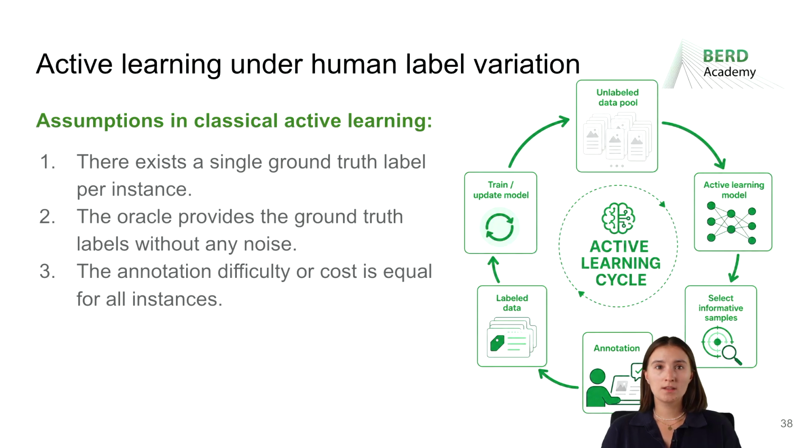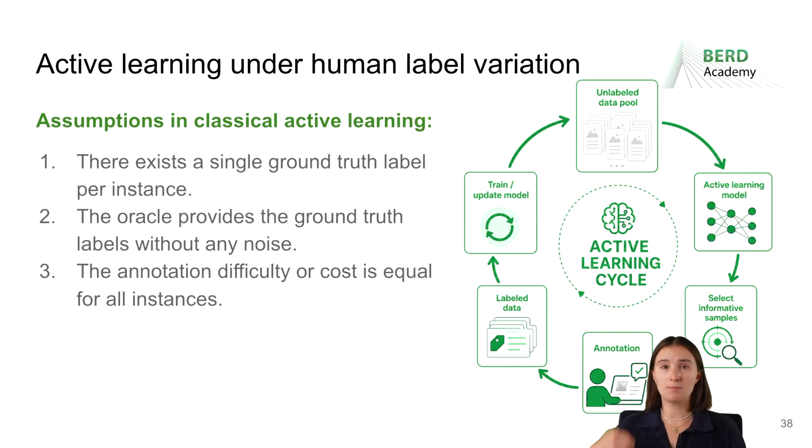Okay, so there are certain assumptions in classical active learning. For example, there exists a single ground truth label per instance, that the oracle provides exactly this single ground truth without any noise, and that the annotation difficulty or cost is equal for all instances.